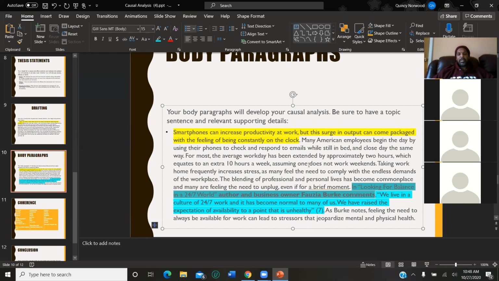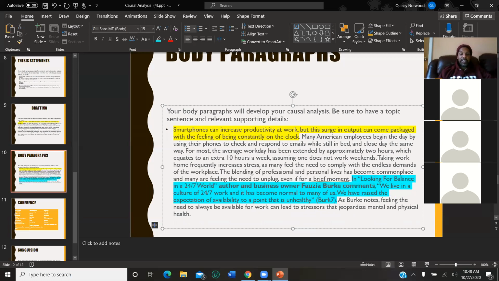Is that making sense to you? And then this is where you put your citation. I didn't use the last name here because it's already in the signal phrase, but typically it would look like that. And then if there are page numbers, it would look like that. So use a signal phrase and then a citation, Matt.